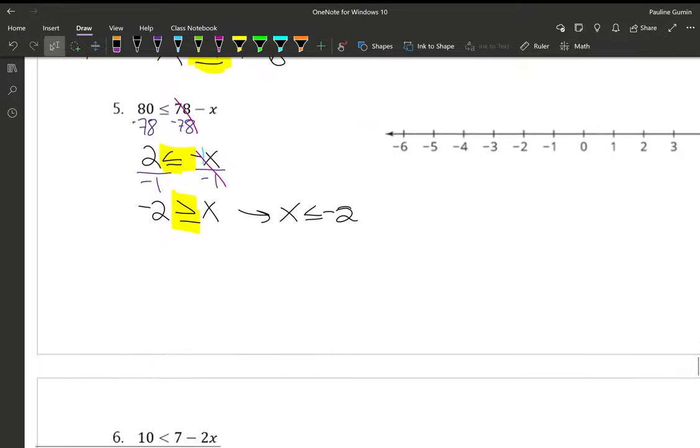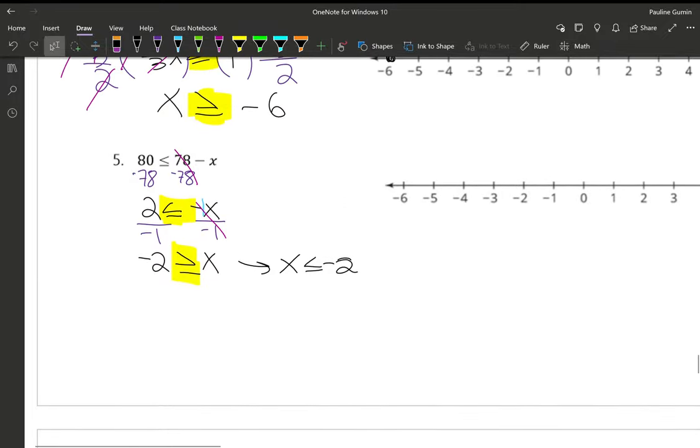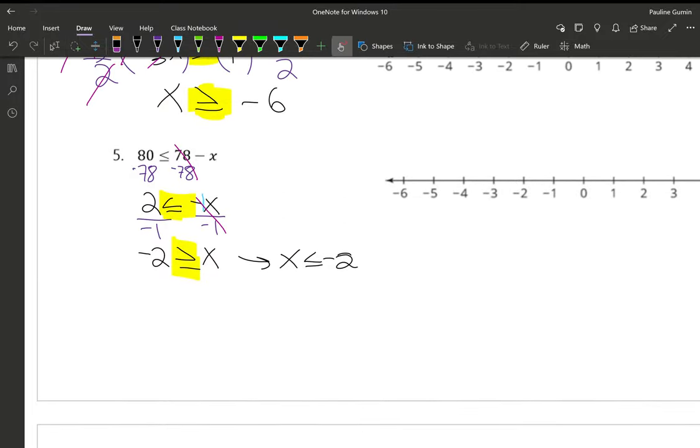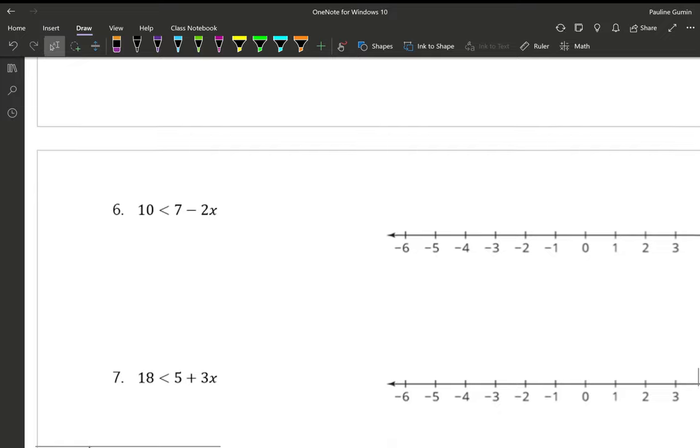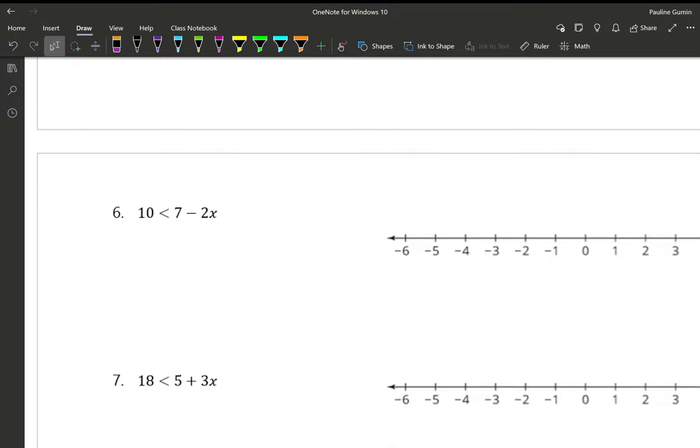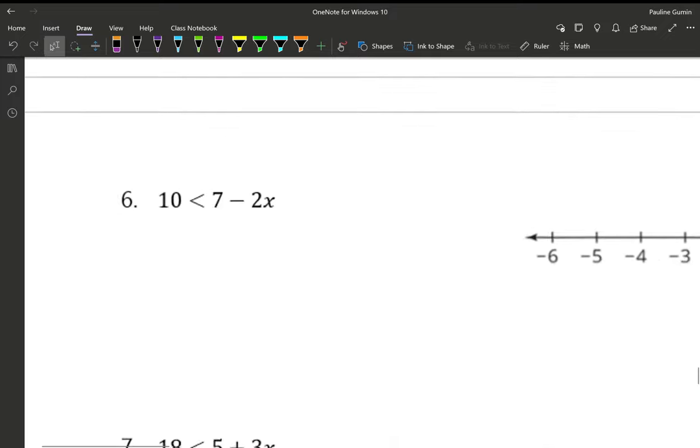It's fine, I'll erase that later. I'll gently give negative 2 a closed circle. And then because x is less than or equal to negative 2, we're going to point the arrow to the left. Less is left.